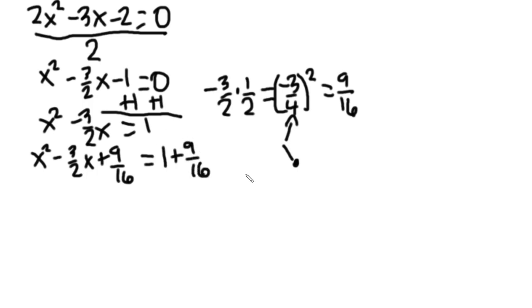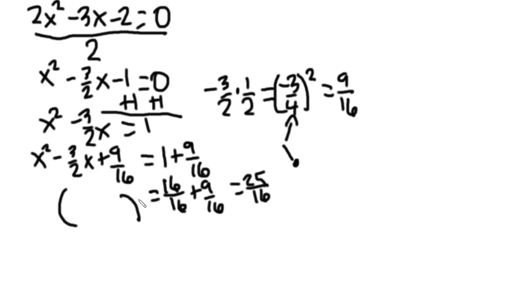On the right side, I have to get a common denominator to put these together. So that gives me 16/16 plus 9/16 equals 25/16. And then the left side of my equation can always be rewritten as x plus or minus whatever this number is.